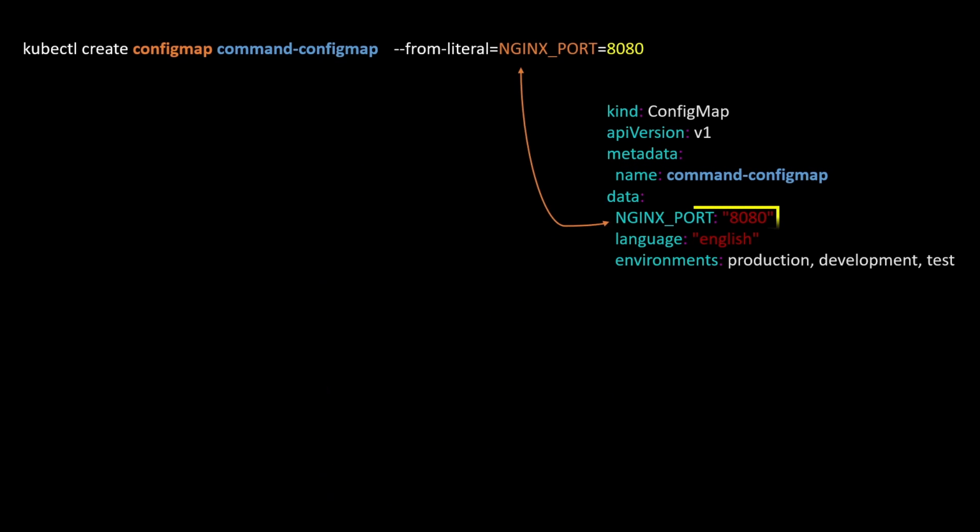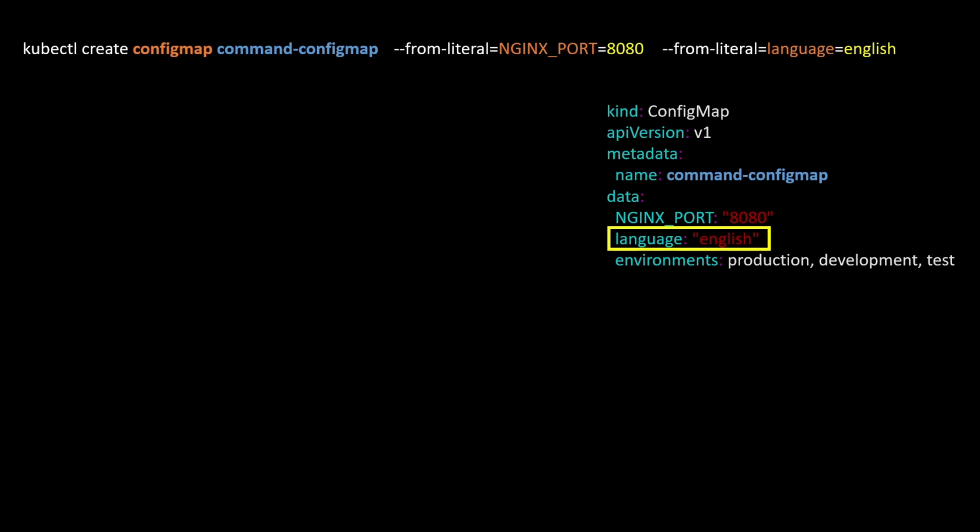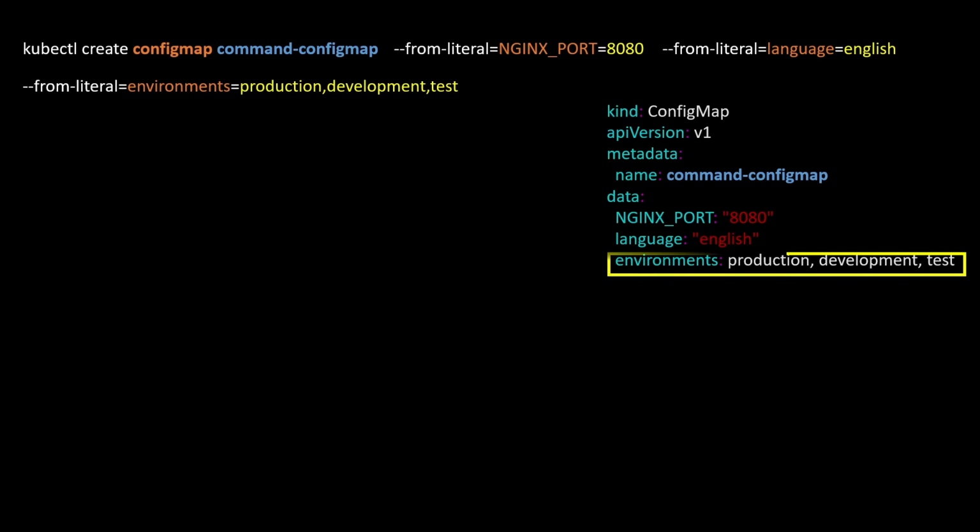Next, we use the --from-literal option to specify the key value pair. If we have multiple key value pairs, then we can use this option multiple times, like this and like this.